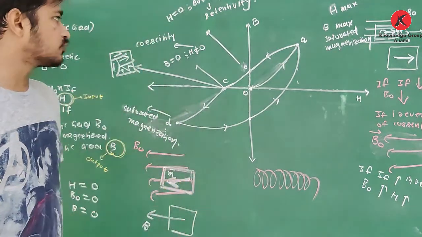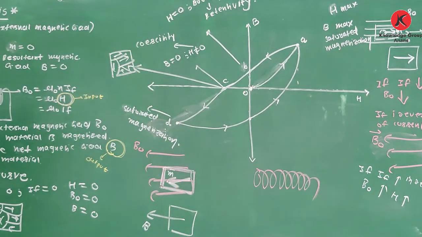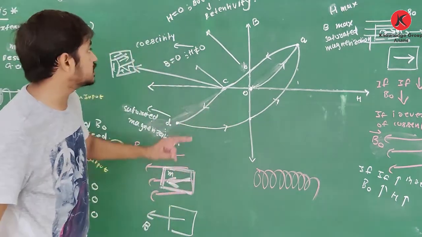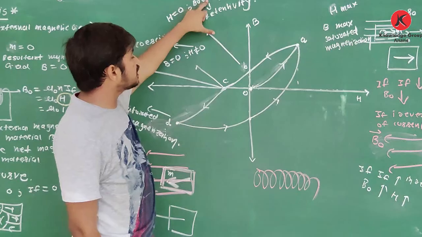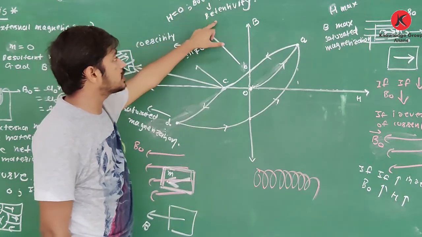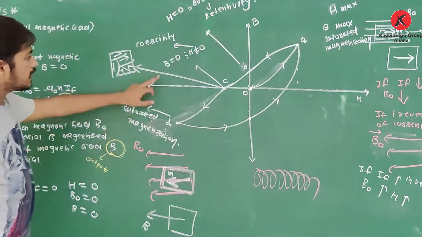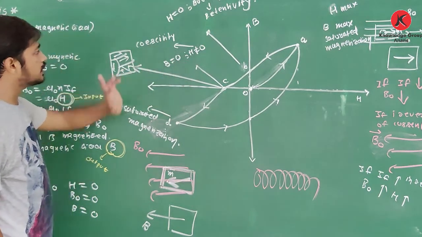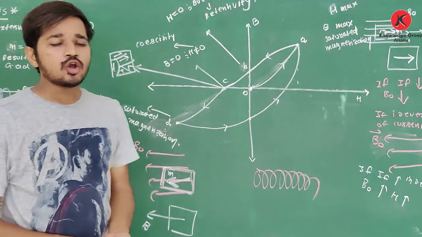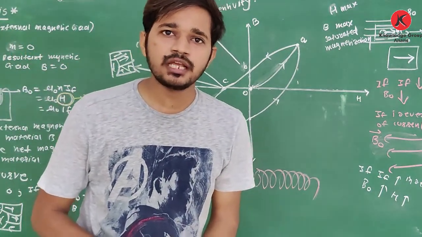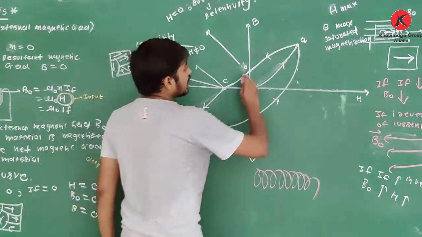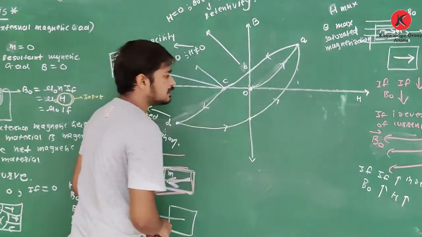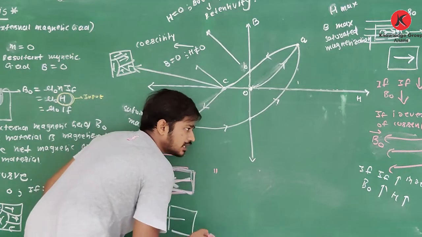Clear about this? So again, it is one important topic. You have to read each and every point, and you have to remember two definitions. The value of the magnetic field for which H is equal to 0 is called retentivity. The value of H for which the magnetic field is 0 is called coercivity. Clear about this point? Area enclosed by the BH curve: one important MCQ.